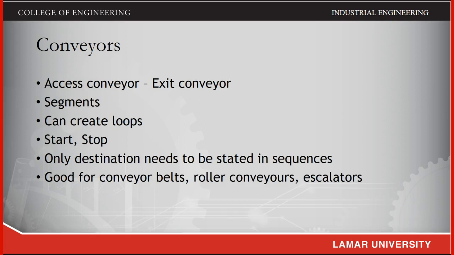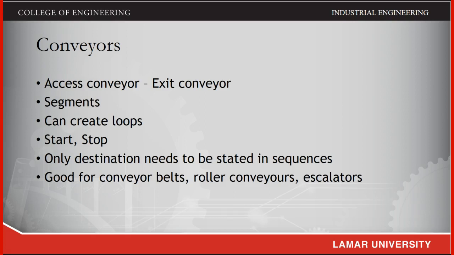When we are using a combination of sequences and conveyors, we only need to specify which is the station that we will exit at. In other words, a conveyor may visit through different segments, different stations, but if it's inside the same conveyor, the entity will keep mounted on top of the conveyor, traveling through but not getting off on the stations, and only will get out of the conveyor at the destined station.